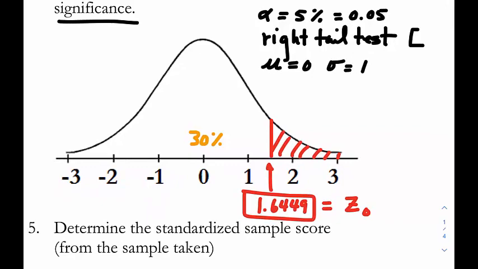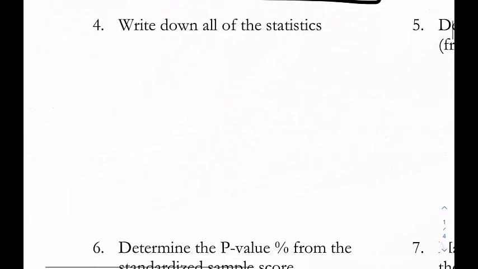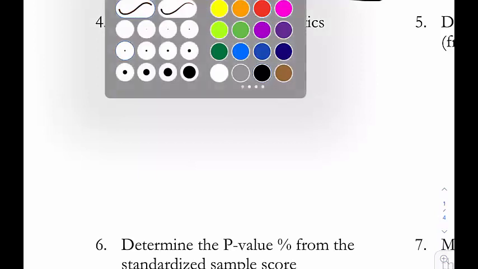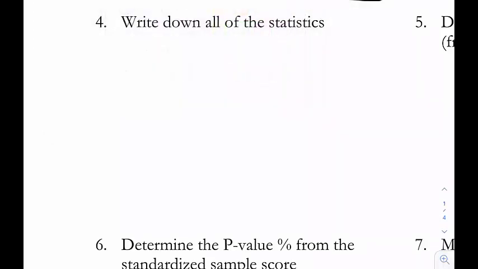Let's move forward with the sample taken. For step 4, let's write down all of the necessary statistics. For this, we have to know what the sample size is, and we've gone over that. We surveyed 150 households.